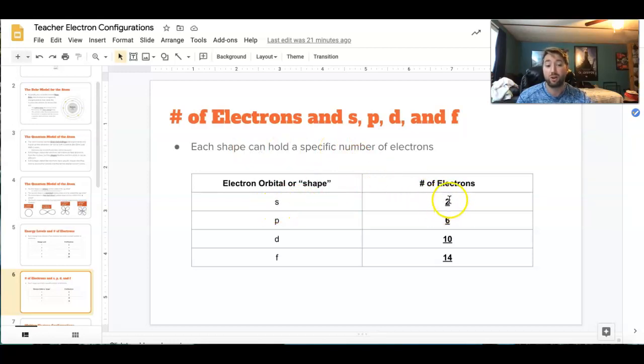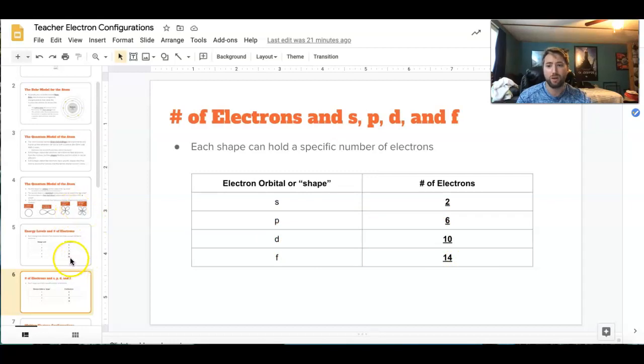So only 2 electrons on each energy level can be orbiting in a spherical shape. After that, they have to move to the P shape. Remember, the P shape is this dumbbell shape, and 6 can fit there. After we fill all of those up for that energy level, we then go to D, which can hold 10, and then F, which can hold 14.